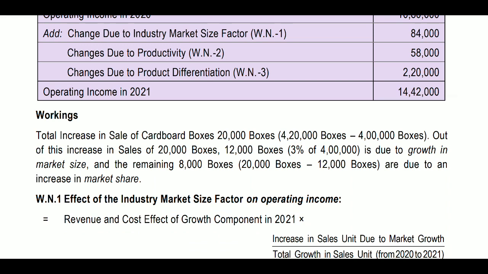First, what is there? For the year, sales increased by 20,000. How did the 20,000 increase? 4 lakh 20 minus 4 lakh. Out of this 20,000, 12,000 is due to change in market size, and the next 8,000 is due to change in market share.